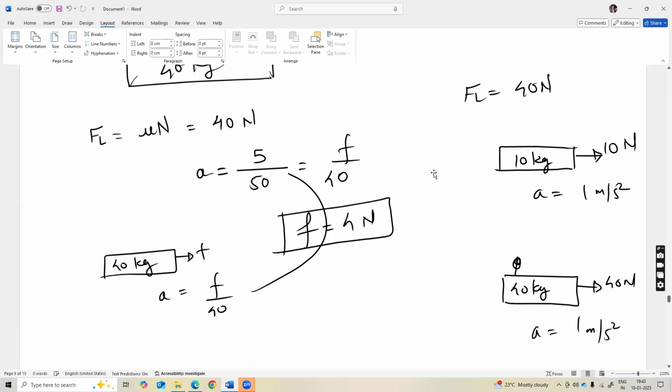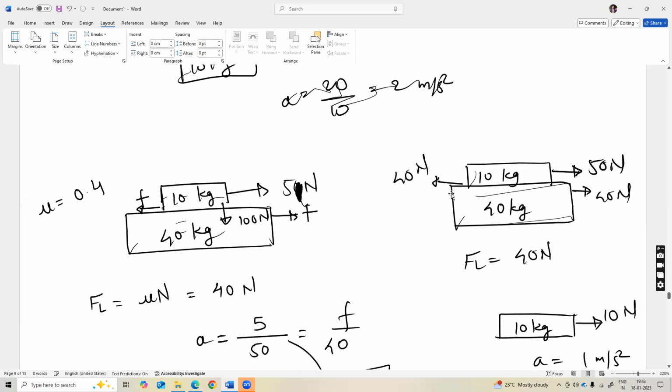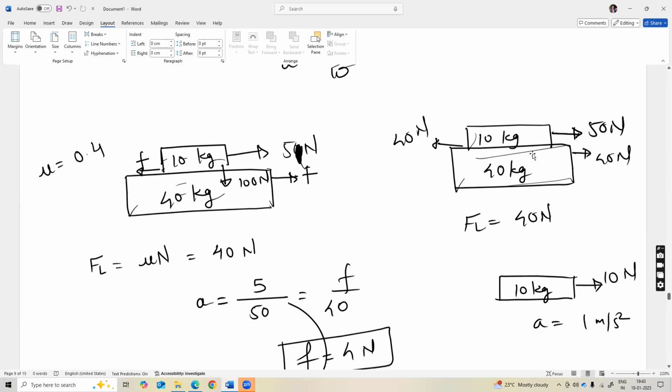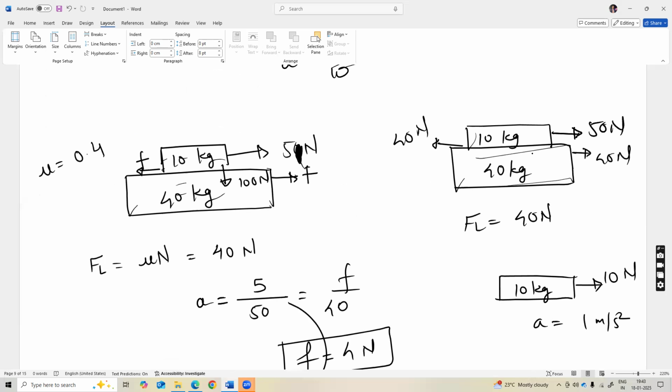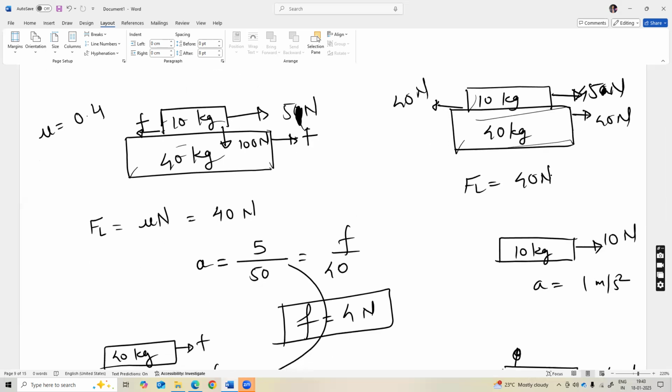But when the applied force F is more than the limiting frictional force, both blocks will move in opposite direction. Like if it was 45 Newton instead of 40 Newton, let's say it was 45 Newton, then the net force that was acting on this block will be 5 Newton.